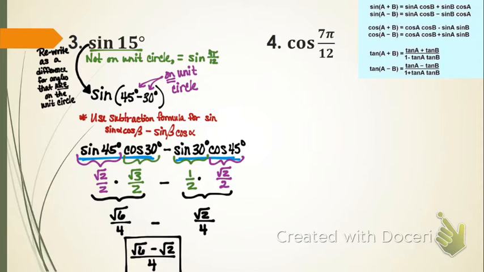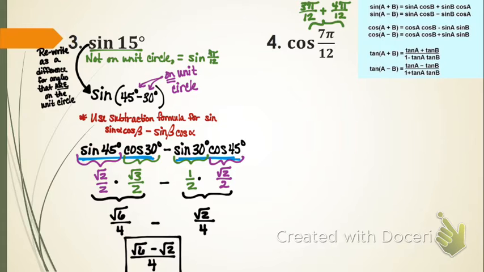Pi over 4 and pi over 3. So 3 pi over 12 plus 4 pi over 12. You guys agree that that would add to 7 pi over 12?